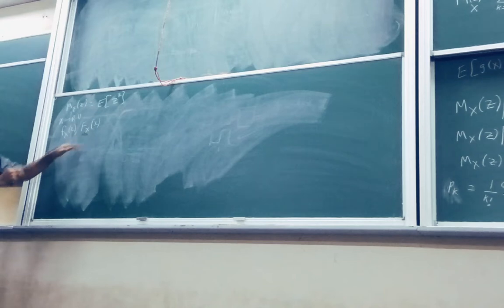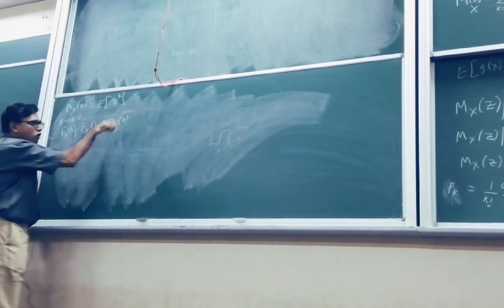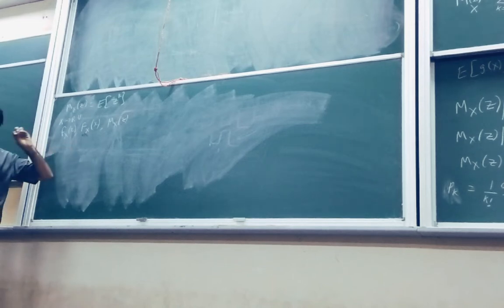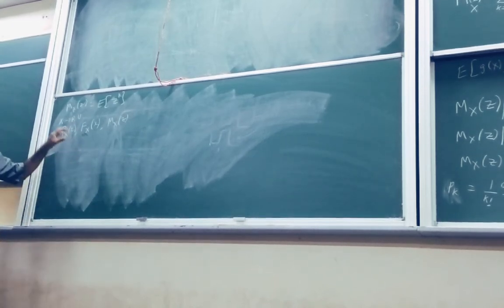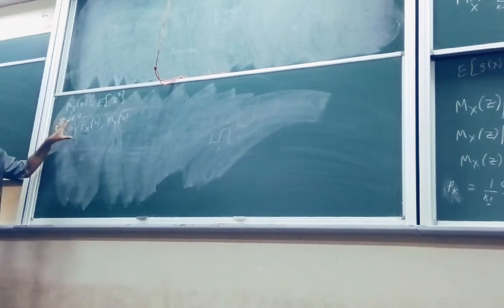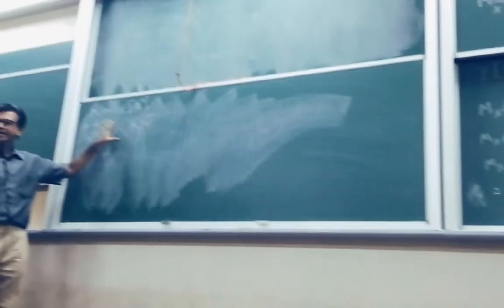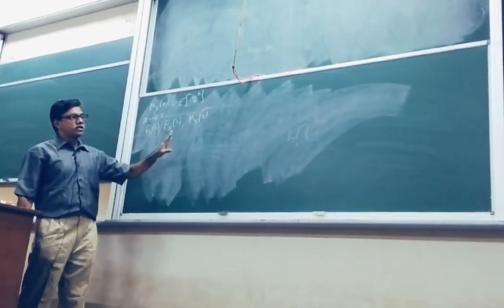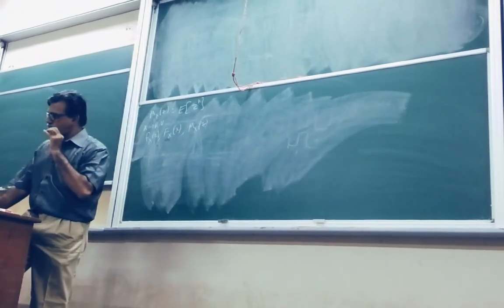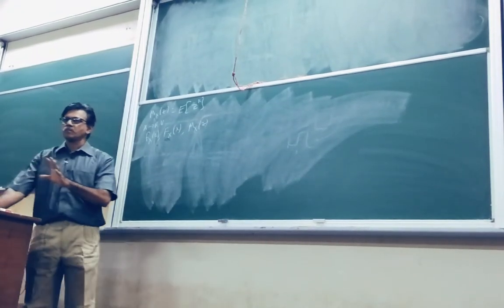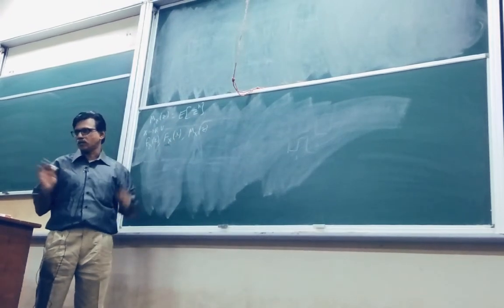In a similar manner, PGF mx of z is also a function which completely characterizes the random variable, which means that if your PMF or PDF is given, you know everything about the random variable. Similarly, CDF. Now we will say that PGF is also one such function. If you give me the PGF, you don't need anything else. Everything can be found out.